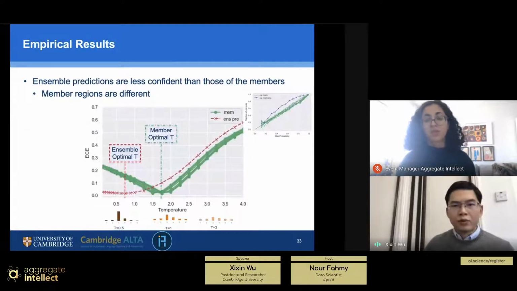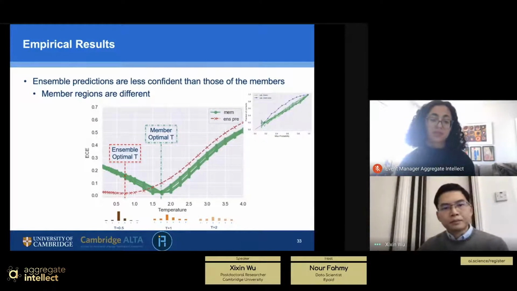And here we look at some empirical results. In these figures, we show the DenseNet 100 members calibrated with different temperatures. We can see that for the member, the optimal temperature for calibrating these members is here. Also, we combine the ensemble members, with a temperature to calibrate these members before combining them together.